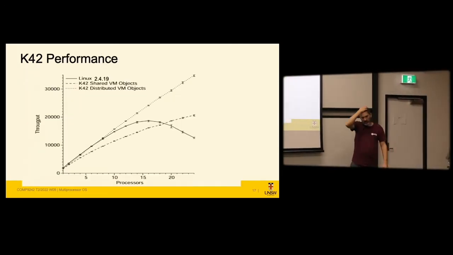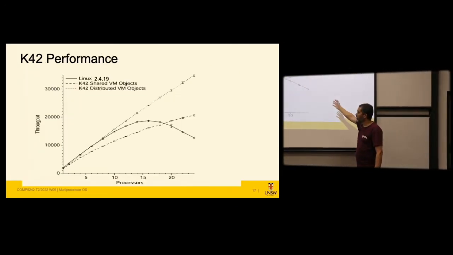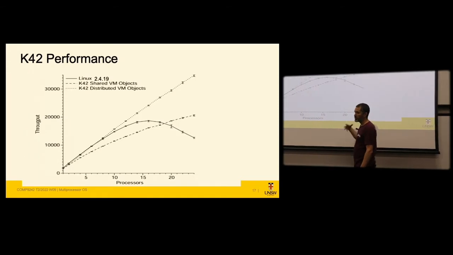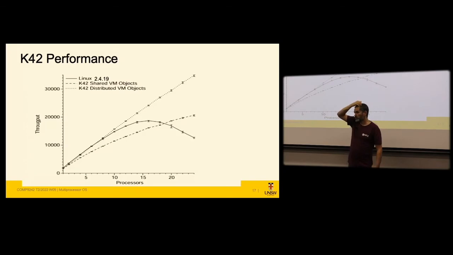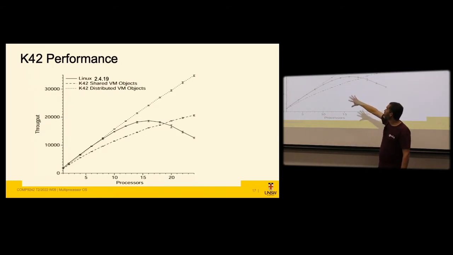And then they took K42 and they did some experiments to show how well these things work. The nice thing was that because K42 was compatible, the API was compatible with Linux, they could compare it to Linux. And so what they did was they took a bunch of programs, systems, and set them up, one on Linux, one on K42 with just these shared objects, and then one on K42 with distributed objects.